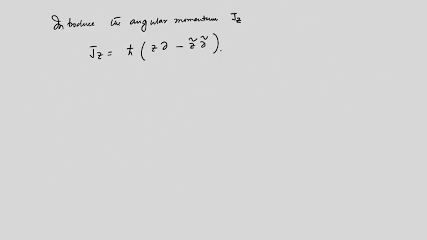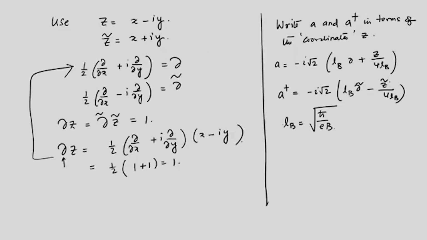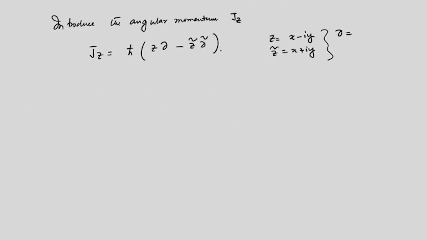So, just to remind you that z is equal to x minus iy, z tilde equal to x plus iy, and delta is equal to half of del x plus i del y, and delta tilde is equal to half of del x minus i del y.